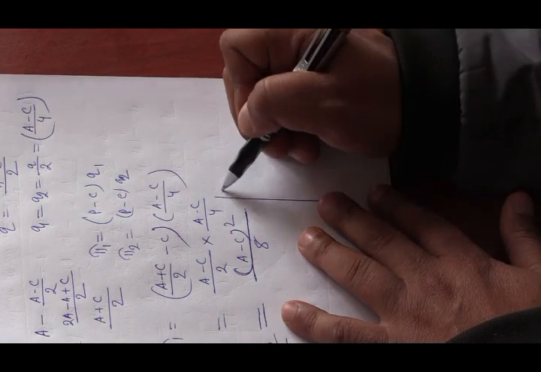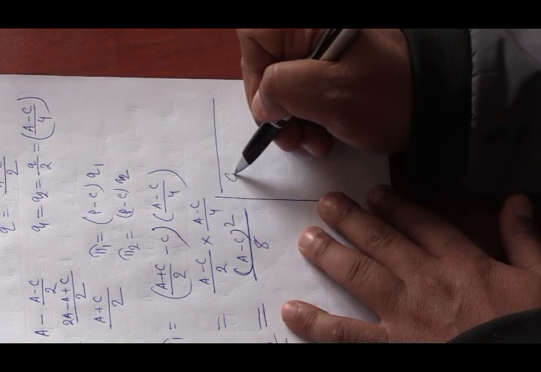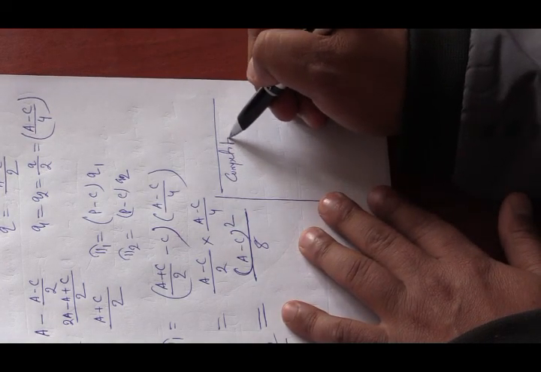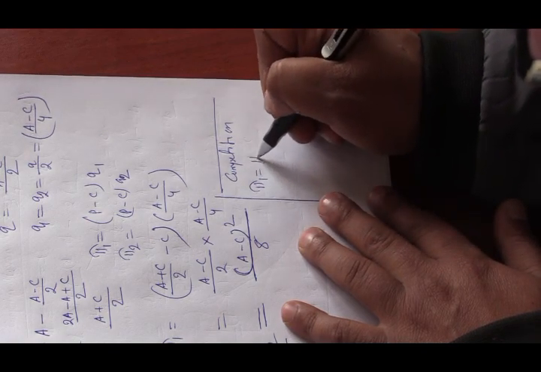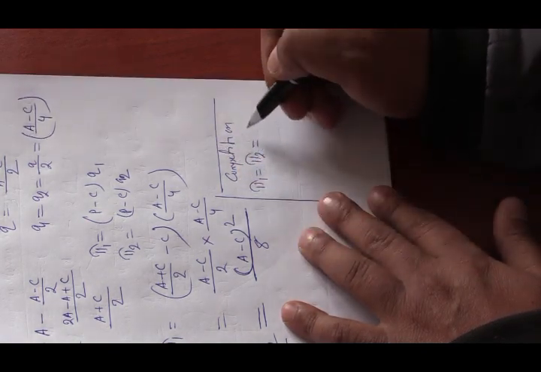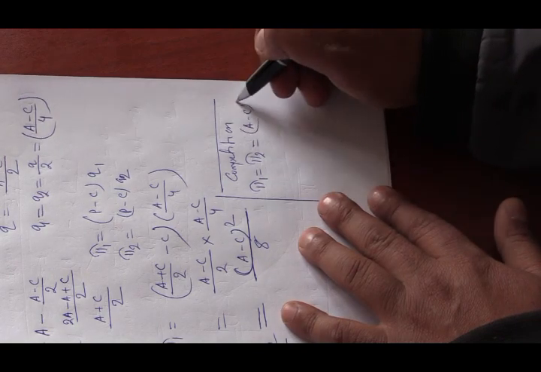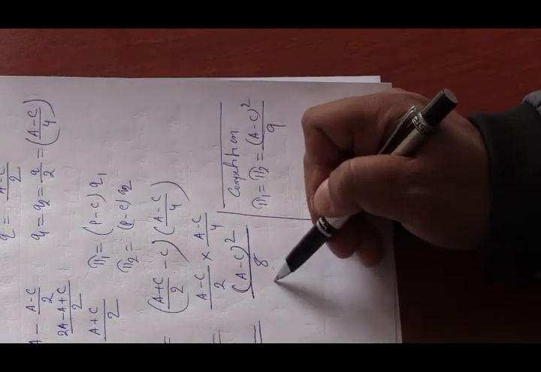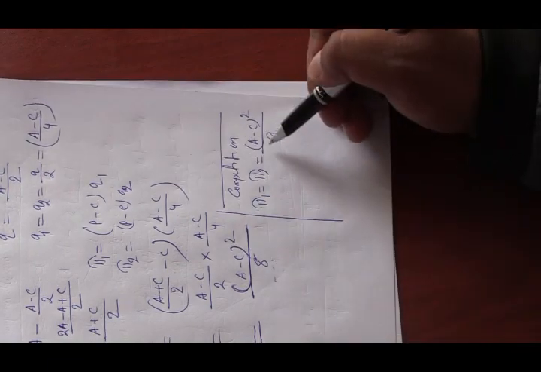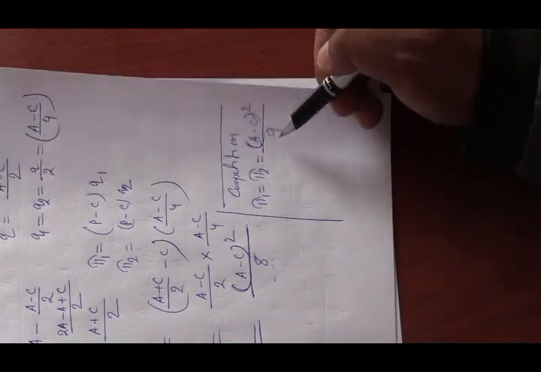In case of competition, what we see? We will see pi 1 equals pi 2 equals (A minus C) square by 9. So in collusion, profit is (A minus C) square by 8. In competition, profit is (A minus C) square by 9.